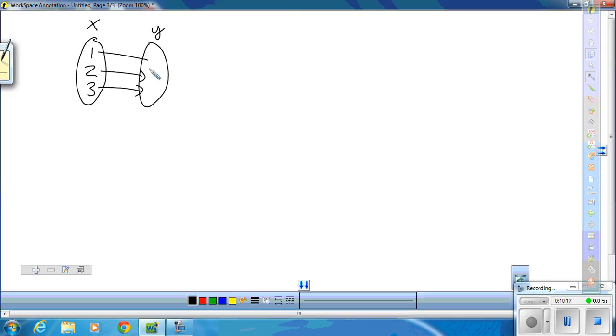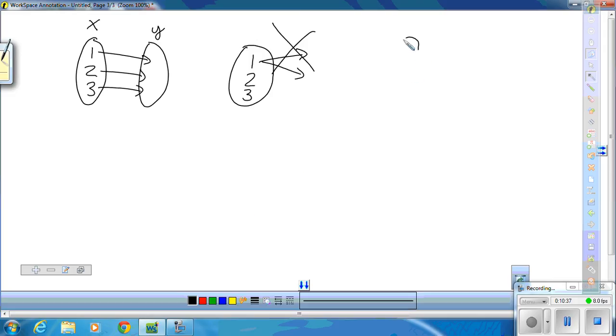If it has more than one arrow coming out of one of these inputs, then you know it's not a function. Each input can only have one output. So if 1 had 2 arrows coming out of it, that's 2 outputs coming out of one input. That would not be a function.